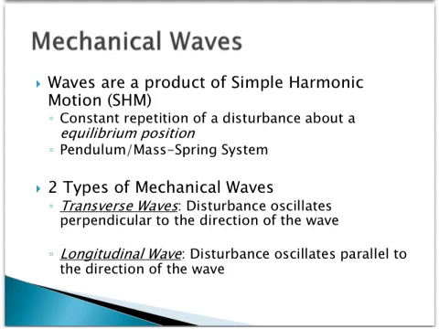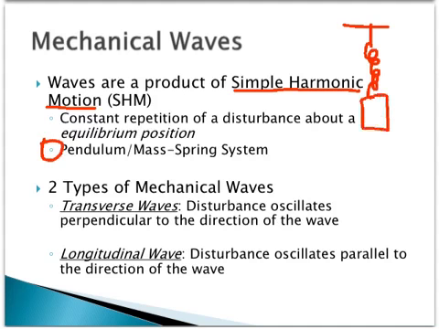Now there are really two types of mechanical waves, and before we go through that, what is the cause of these waves? Back when we talked about torque, we looked at something called simple harmonic motion. Mainly we looked at two different types: a pendulum or a mass spring system. So consider a mass spring system. Here's a spring with a mass.